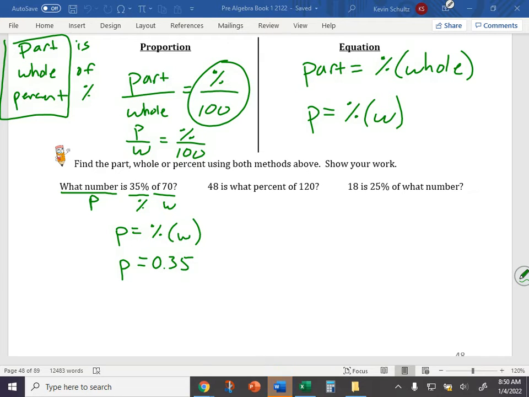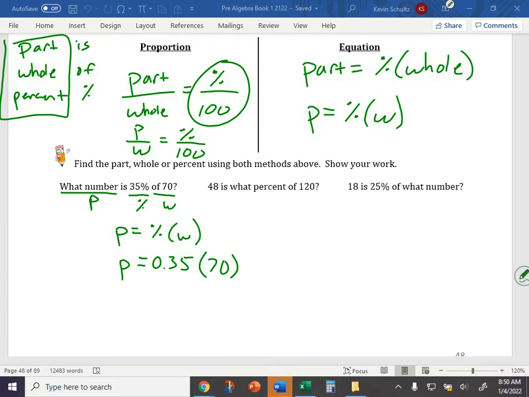So like I said, if you like fractions, if you like proportions, you can use that percentage as a fraction. If you like an equation, you like decimals, you can use it in decimal form. And then we're multiplying this by 70. Now the nice part about this is that our variable is already by itself, isn't it? P is already alone on the left side of the equation.